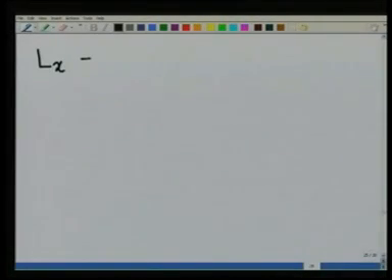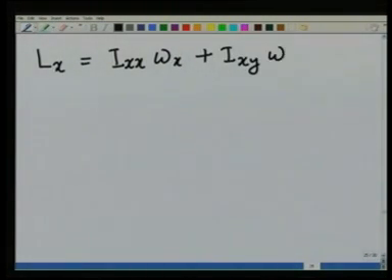so that you will find that L x, which we just evaluated, is I x x omega x plus I x y omega y plus I x z omega z.